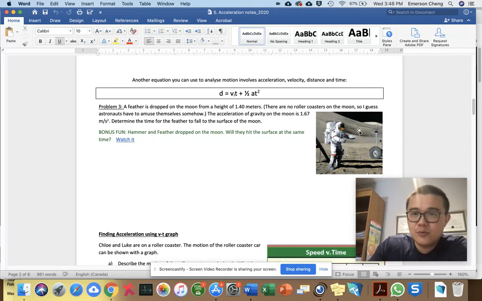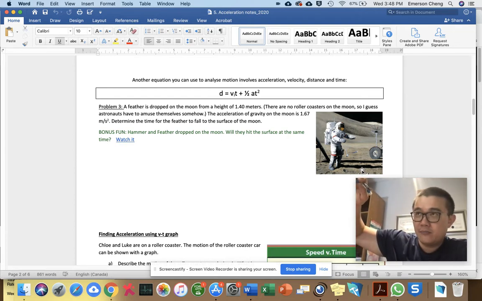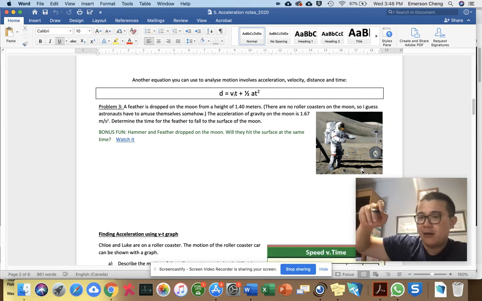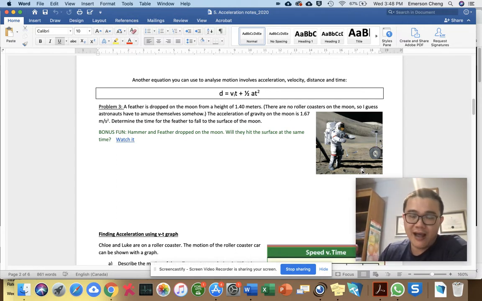So in this case, when the feather is dropped, it's going down toward the center of the moon. How fast it goes from the astronaut holding it up here to when it drops onto the ground, from not moving to going down at a certain speed, that acceleration is due to gravity.